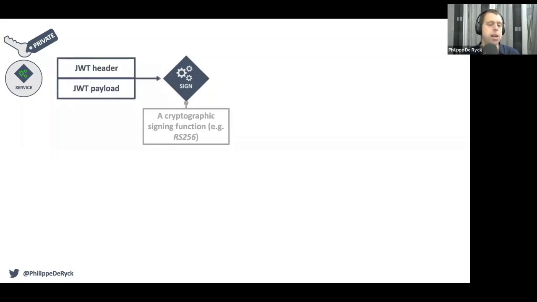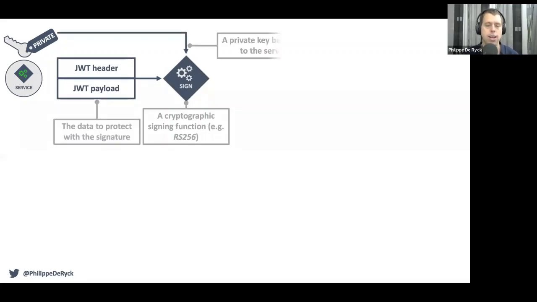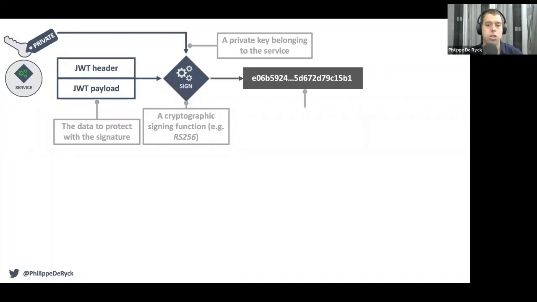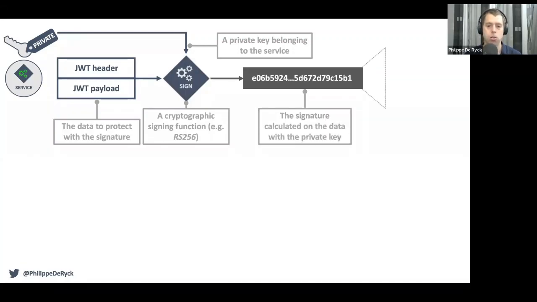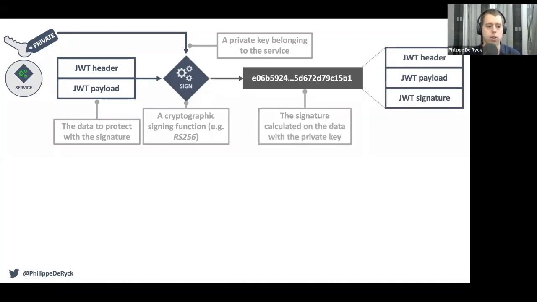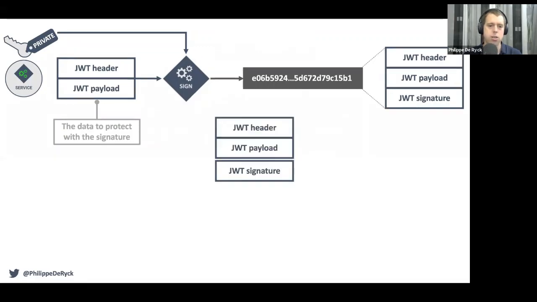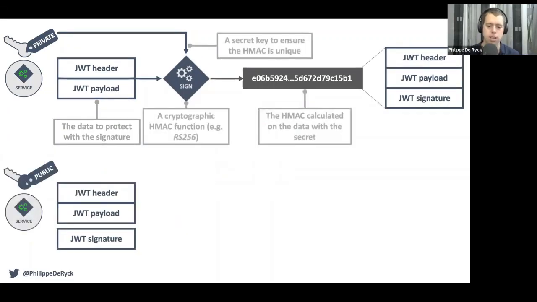We have the header and the payload that we will protect with a signature, but we now generate a signature with a private key. So the service generating the signature has a private key, and out comes that signature value, which is attached to the JSON Web Token. Very simple, very straightforward. It gets better though, because to verify a signature, we now use a public key.